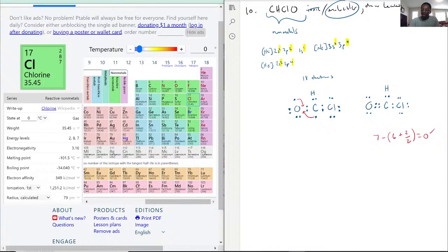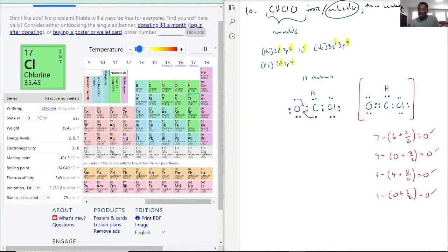The carbon in the middle, 4 valence electrons, it has 0 by itself and is sharing 8 of them, so that's also 0. Oxygen, 6, it has 4 by itself, is also sharing 4, so that's also 0. And hydrogen is 1 and it's sharing 2. So all these are perfectly balanced.